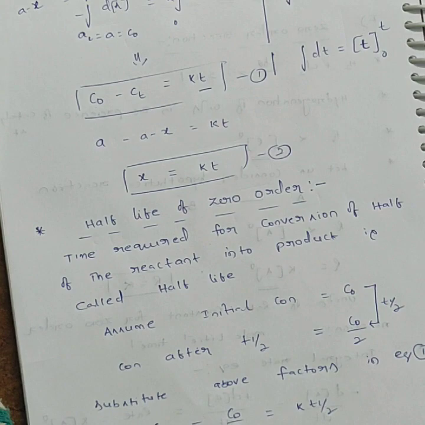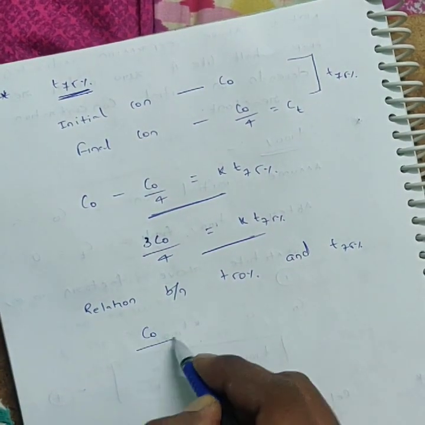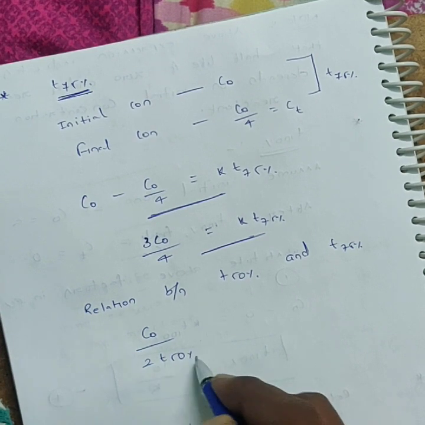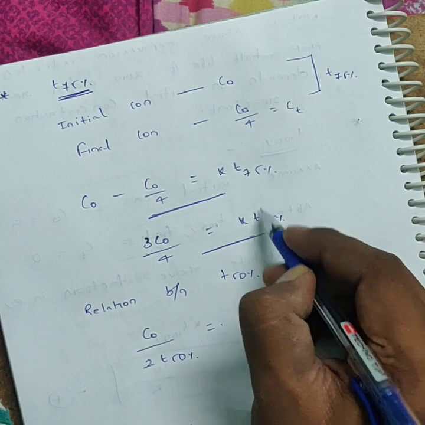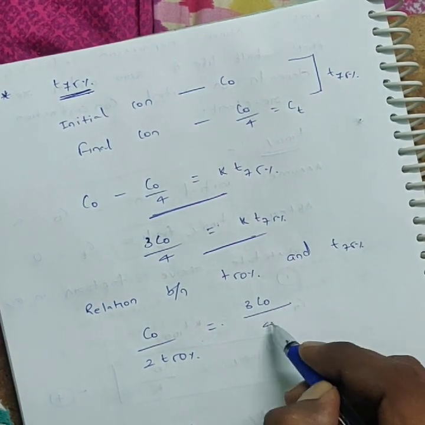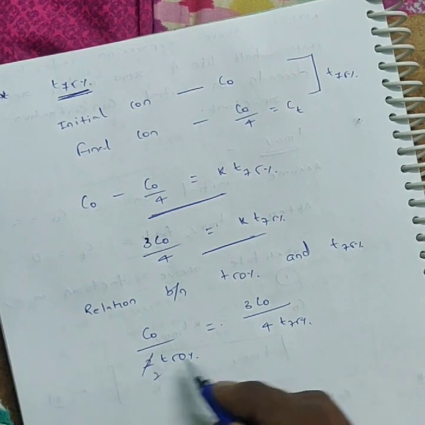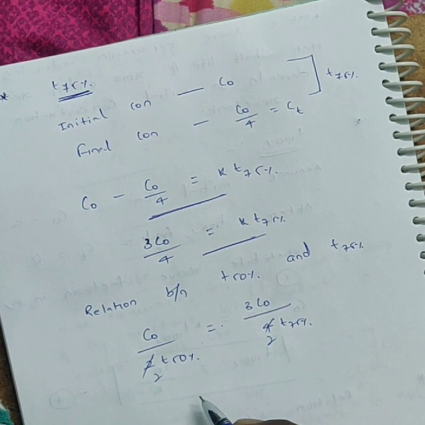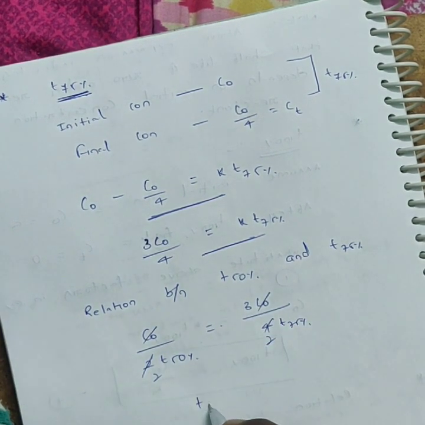Therefore k is equal to C naught by 2 t 50%. In terms of t 75%, k is equal to 3 C naught by 4 t 75%. So here C naught will be cancelled.